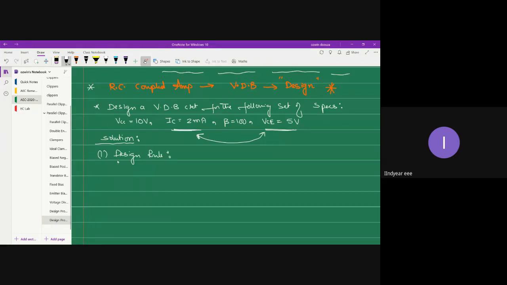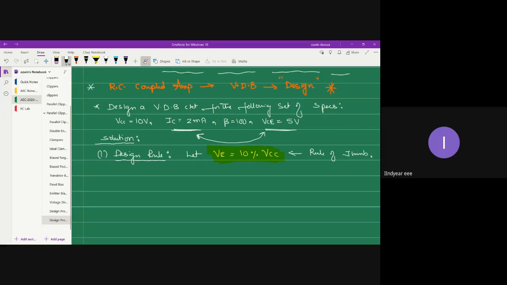The first design rule: we assume that VE is equal to 10% of VCC. This is your first assumption, based on rule of thumb.